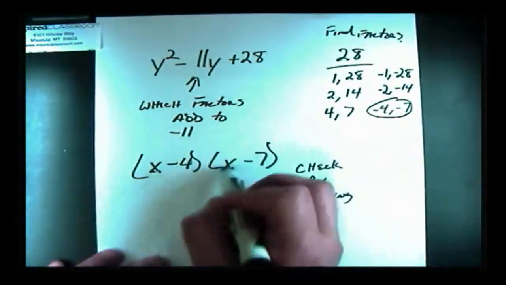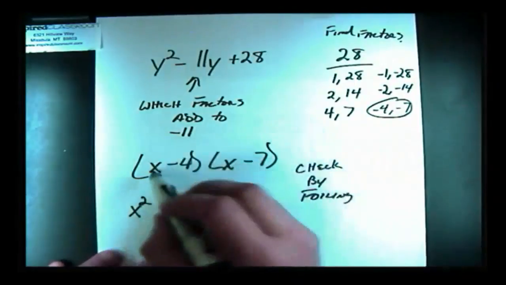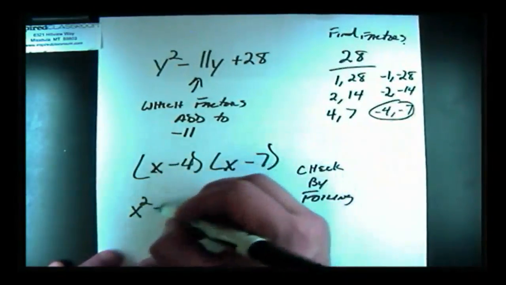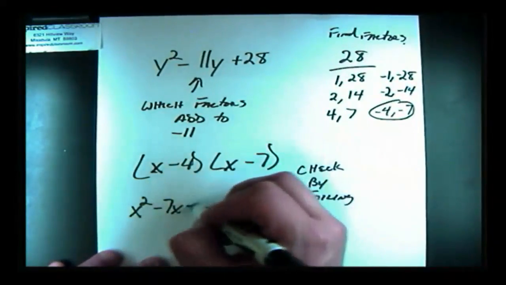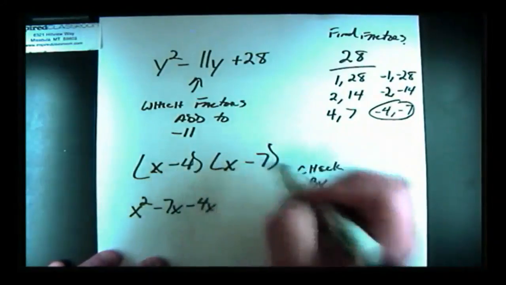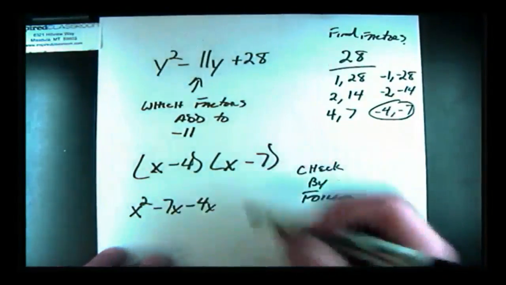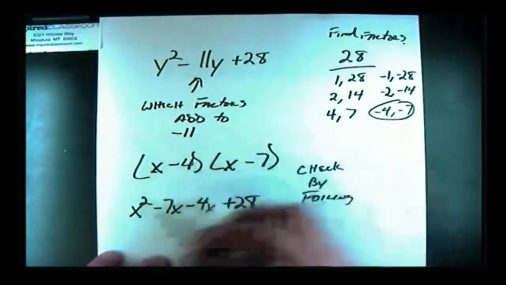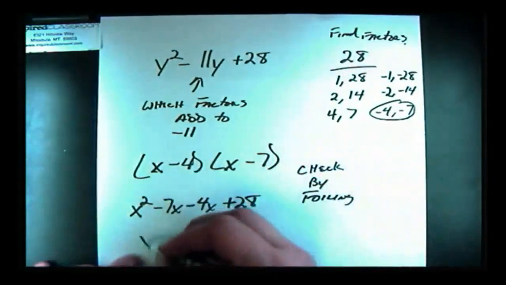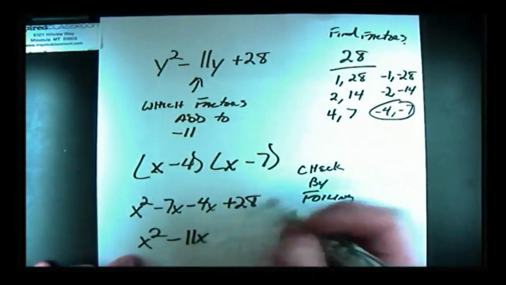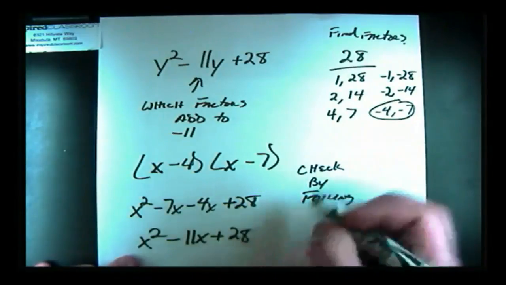So first is x times x, x squared. Outside is minus 7x. Inside is minus 4x. And the last is -4 times -7 is plus 28. -7 minus 4, x squared minus 11x plus 28.